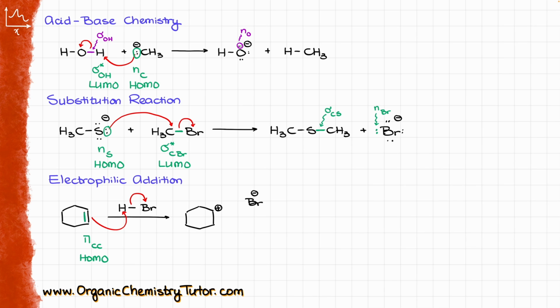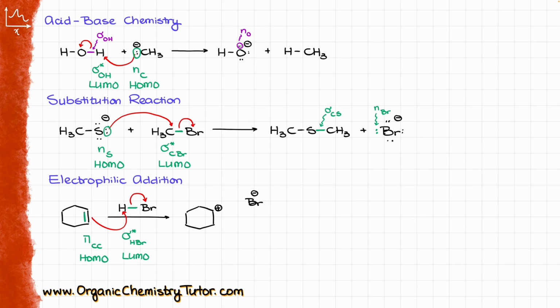Now, I am giving those electrons to the hydrogen, breaking my hydrogen-bromine bond. In order to break that sigma bond, I need to be populating the electron density of the sigma star orbital between my hydrogen and bromine. Since that's what is accepting my electrons, that is my LUMO orbital.